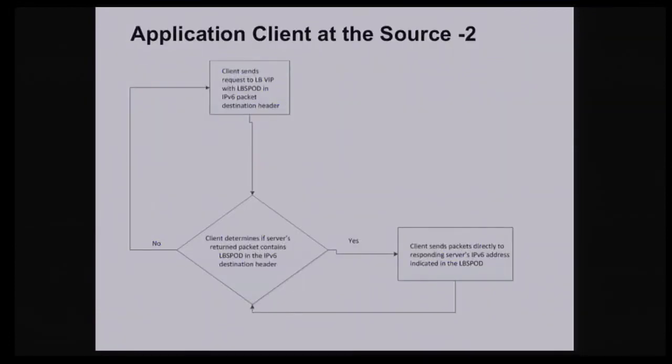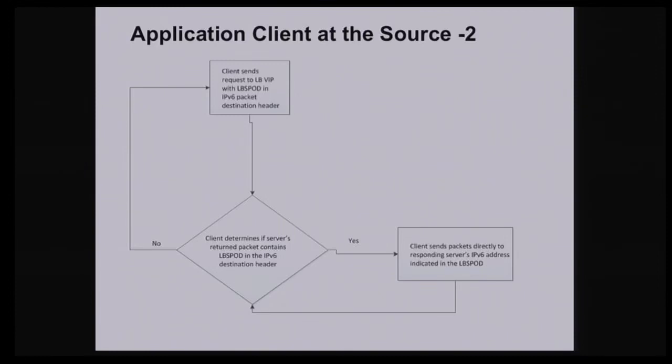And in fact, both the client and the server can decide whether you want to do that. If the server doesn't insert its own V6 address into that LBSP options, then the client doesn't have that information. It will continue to use the VIP address of the load balancer.